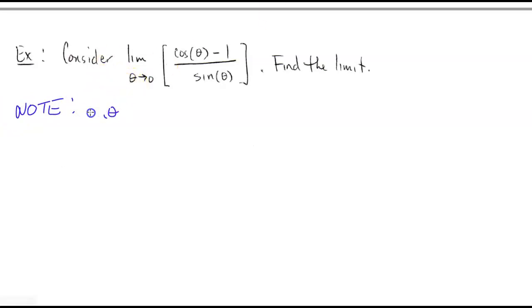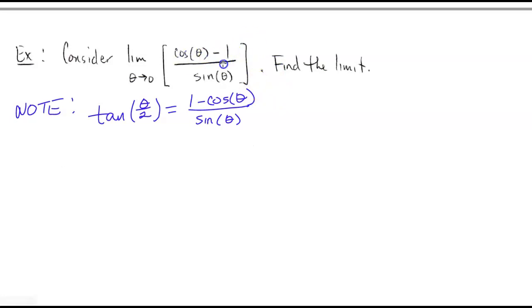Before we start talking about what this function will be, note that tangent of theta divided by 2 is going to be equivalent to 1 minus cosine theta over sine theta.